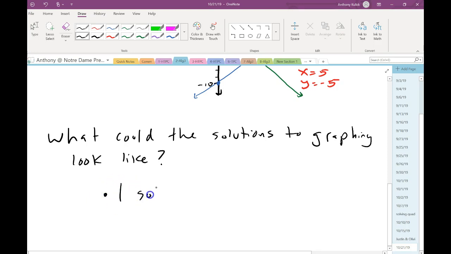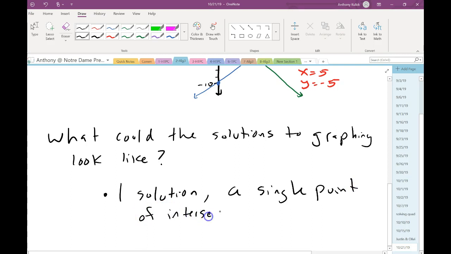Well, we could have one solution that is a single point of intersection. Right, that's what we just saw above.